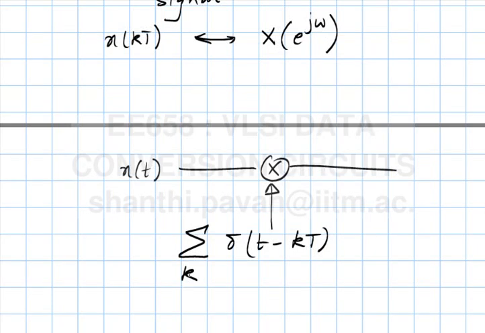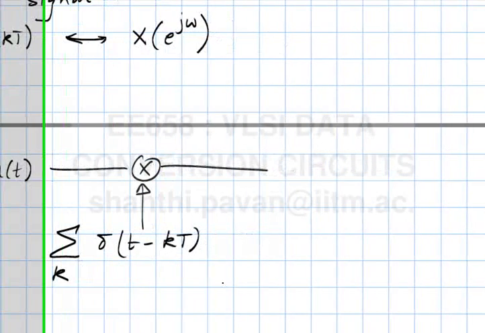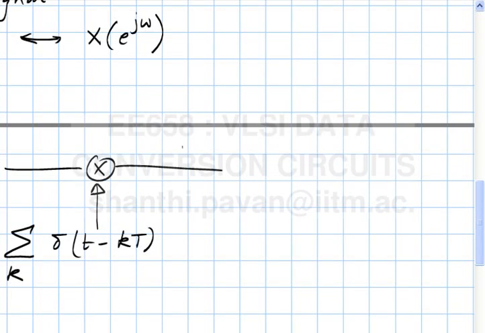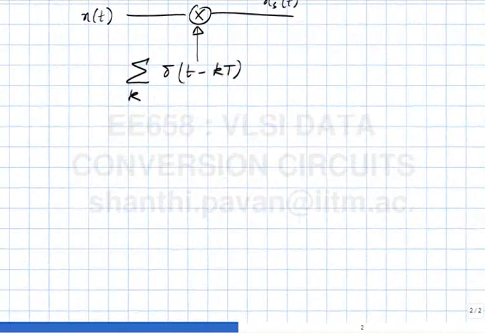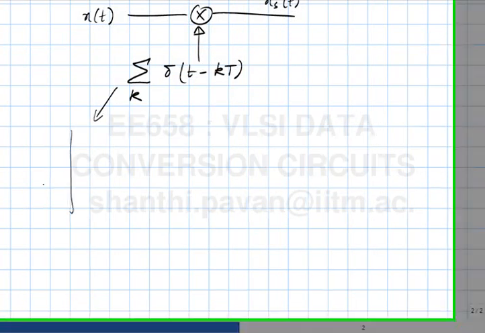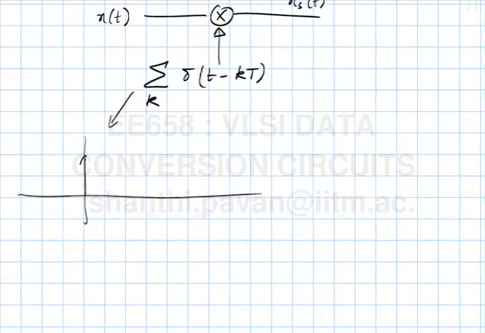A Dirac delta train is basically a series of delta functions, periodic in time with a period of T.